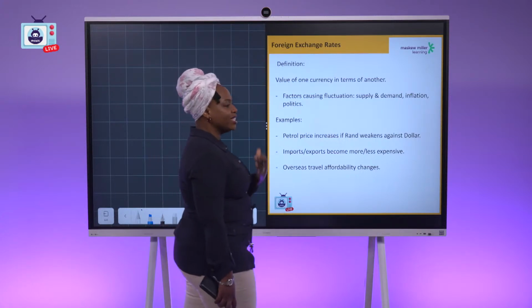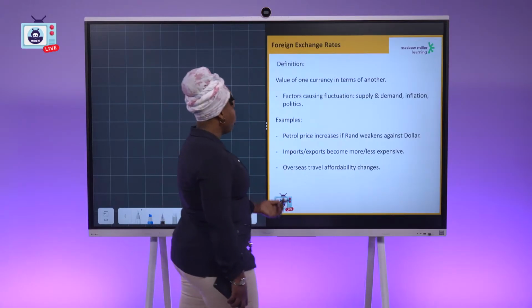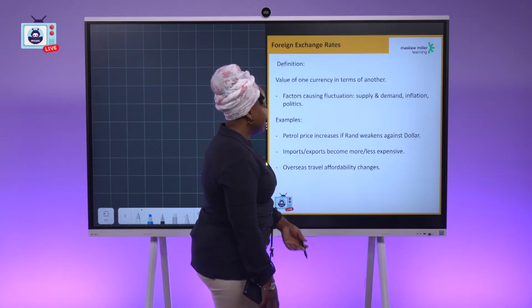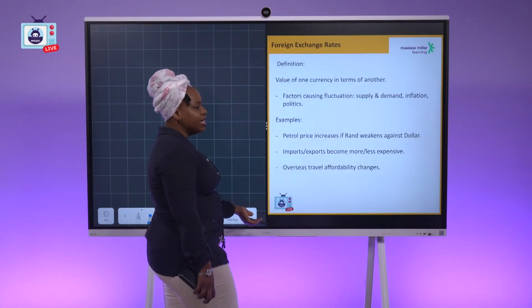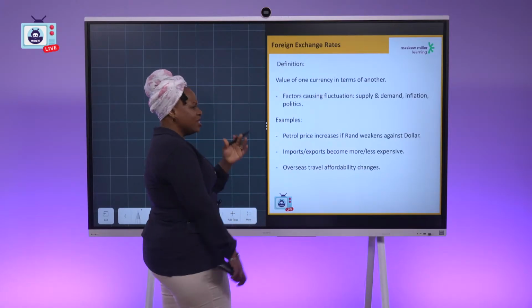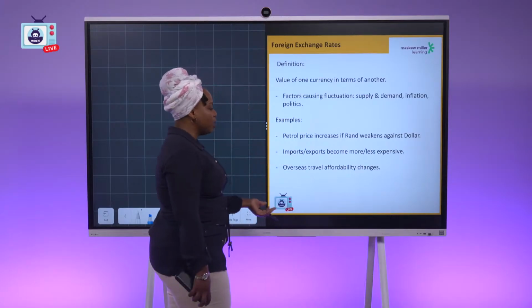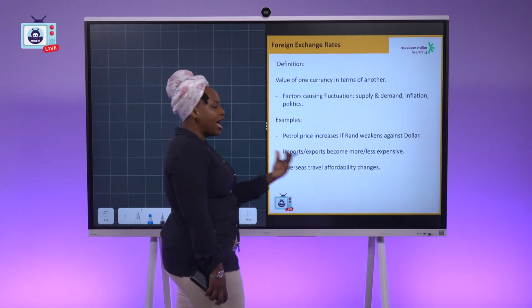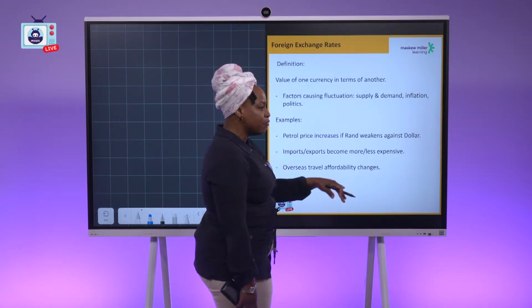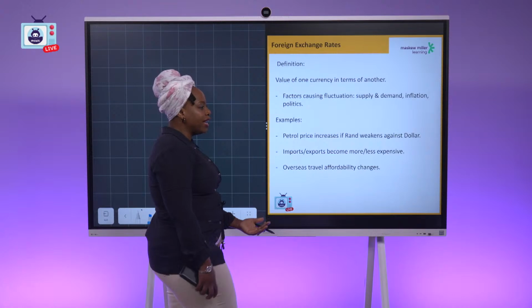There's always a change in rate. For example, the petrol price increases in rand because maybe the rand is weak against the dollar, and that is always shown in the news. The same with imports and exports, when we buy things from somewhere else, and when we send things from South Africa to somewhere else, those rates have to be exchanged.